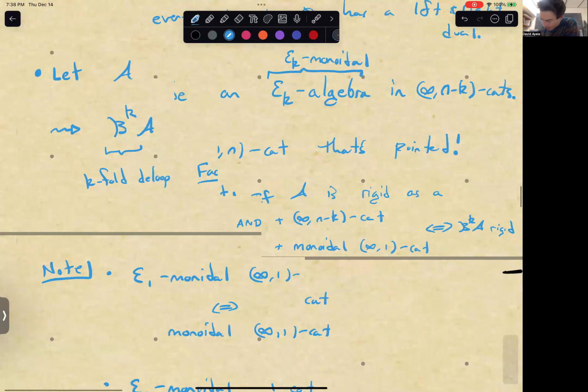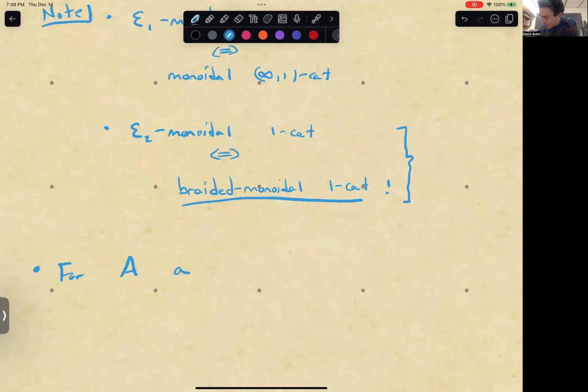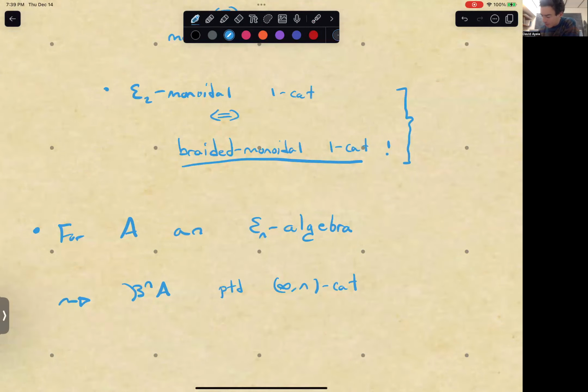for an EN algebra, then this n-fold D loop will be an example of a pointed infinity n category that's, the condition of being rigid is vacuous, so it'll always be rigid.